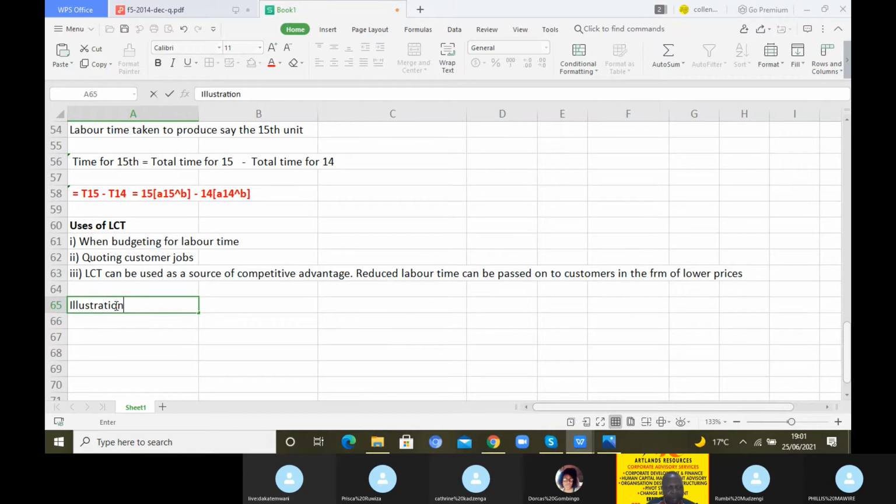Remember, today we want to cover 2 things. Illustration. All right, this is Chair Company. I trust everyone has read the notes on throughput accounting.